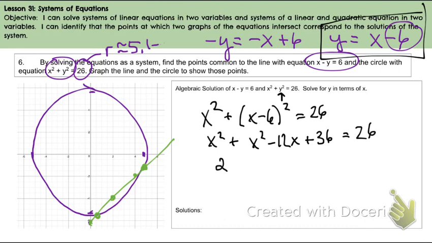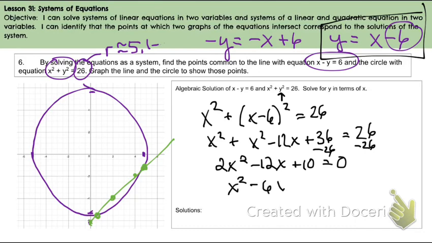I'm going to combine my like terms. 2x squared minus 12x plus 36 minus 26, which is plus 10, equals 0. Divide both sides by 2, and I get x squared minus 6x plus 5 equals 0. If I factor that, I'm looking for two numbers that multiply to make positive 5, but add up to negative 6. It's going to be negative 5 and negative 1.